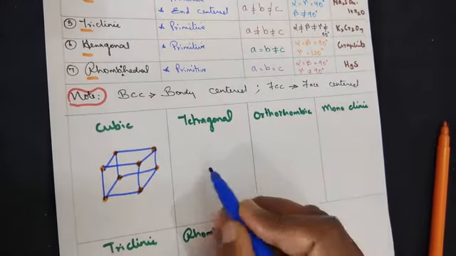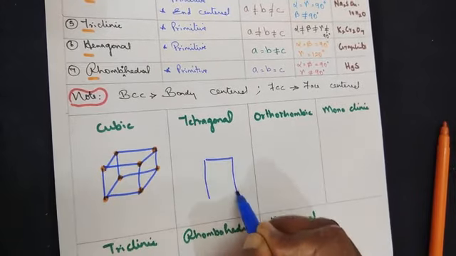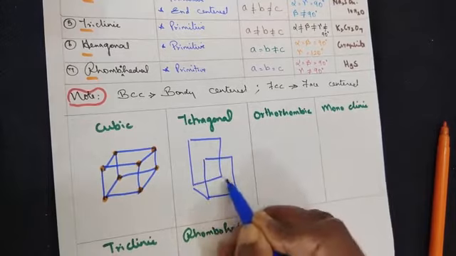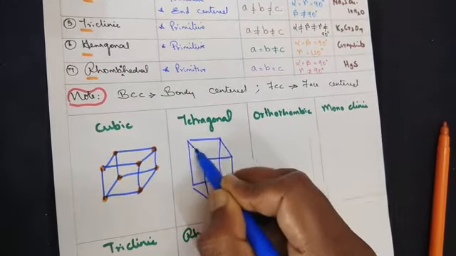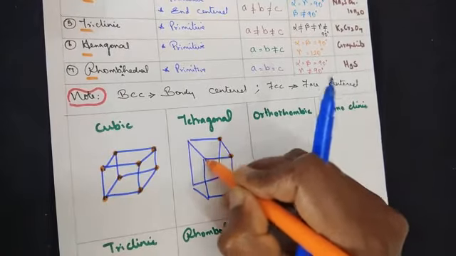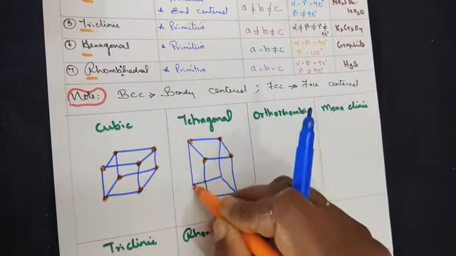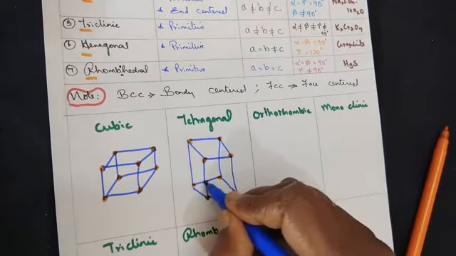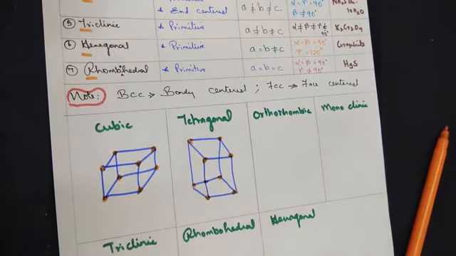Tetragonal, when we say, so this is the structure of tetragonal. Here again mark the points. So it's not a cube here, remember. So 4 points there.